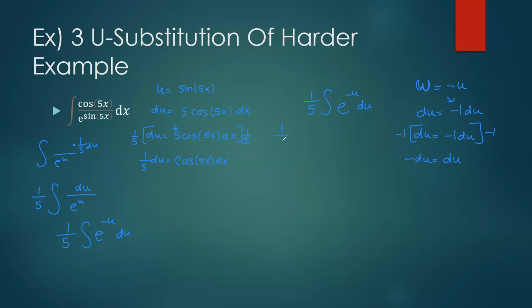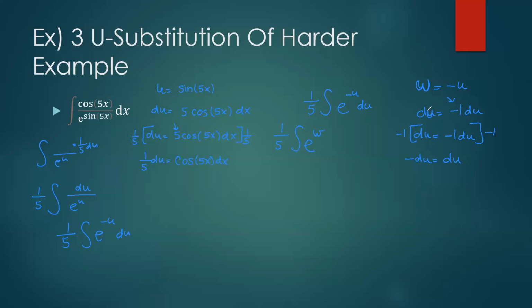So it's going to be 1/5, and then it's going to be e to the negative u. So wait, where am I? Yeah, so remember we said that negative u is w, so it's going to be e to the w now. Sorry, this is a mistake.